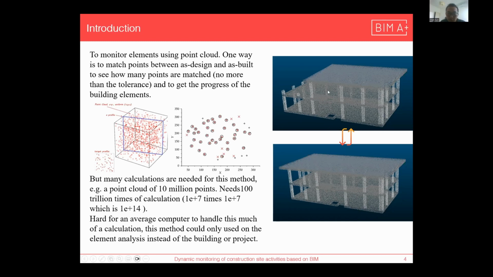For example, this point cloud has around 10 million points and needs 100 trillion calculations. So it is very hard for the average computer to handle this many calculations. So this method could only be used on element analysis instead of whole buildings or projects.